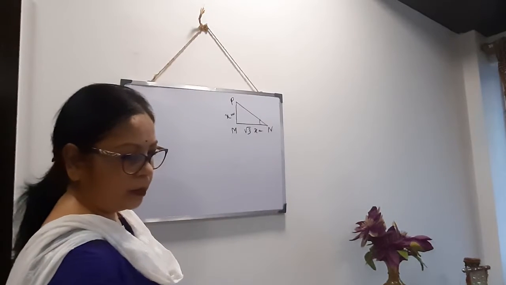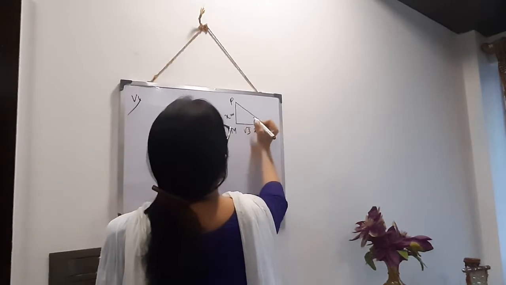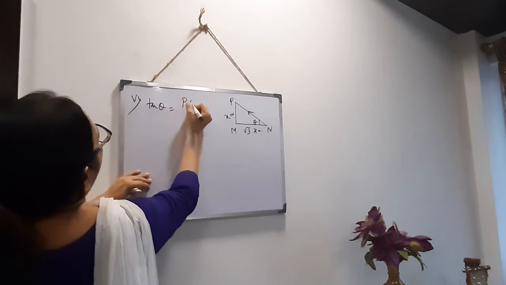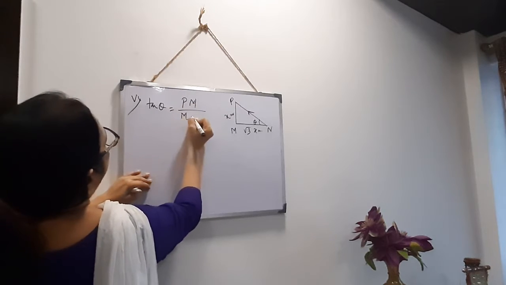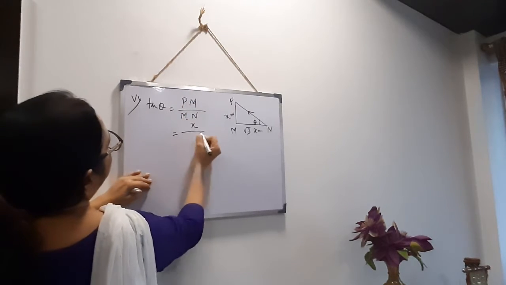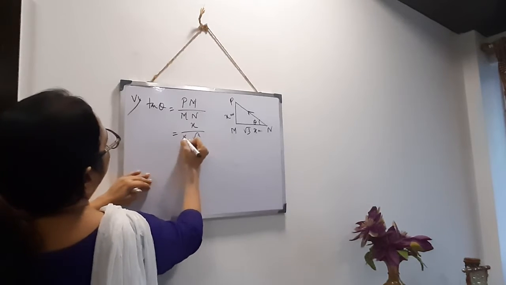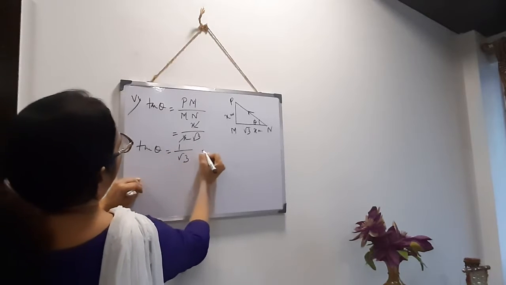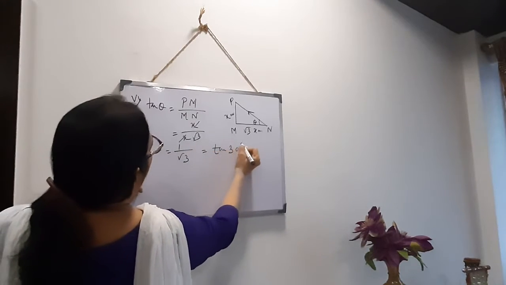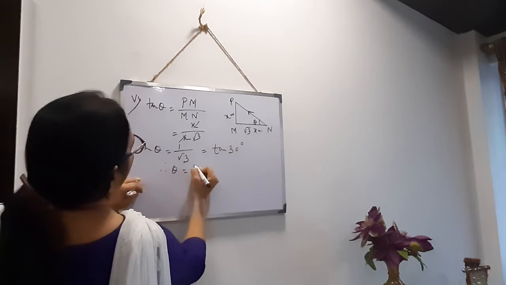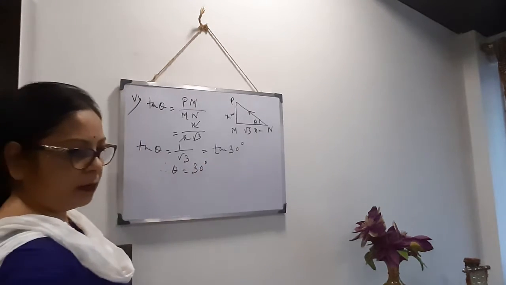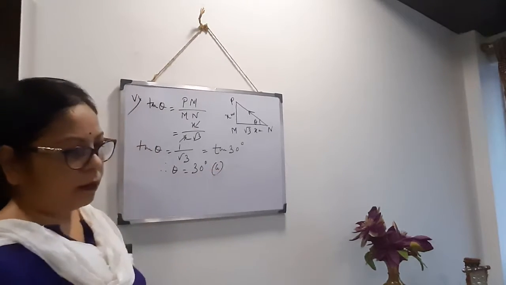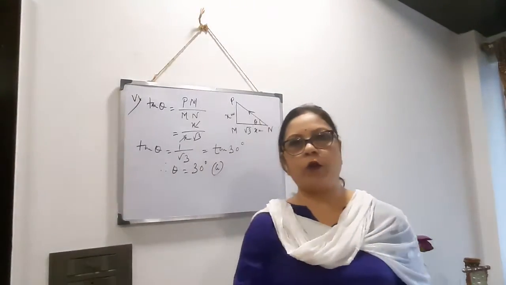You have to calculate the angle of elevation. Clear? Again we will apply tan. Tan theta equals perpendicular by base. Perpendicular is x, base is x root 3. That means tan theta is coming 1 by root 3. Now you know the value of tan 30 is 1 by root 3. So theta, the angle of elevation, is coming 30 degree. That is option A. Clear? These are our MCQ part.